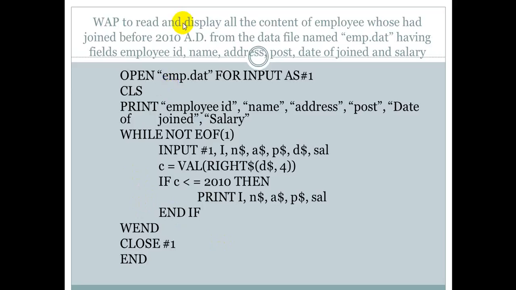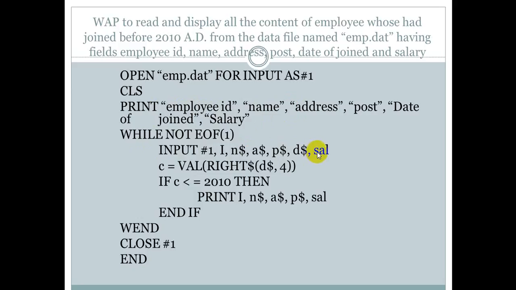In this example we should display the content of employees who joined before 2010 AD from the data file. The same data file emp.dat we should open in input mode as #1, and CLS, PRINT this statement. This PRINT statement is used to display the column header, column name or field name. WHILE NOT EOF, the INPUT # will retrieve the records from the data file.